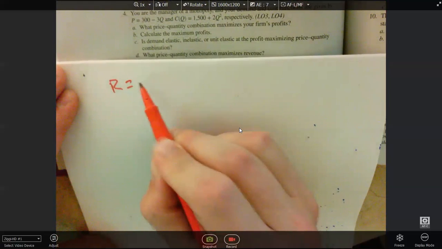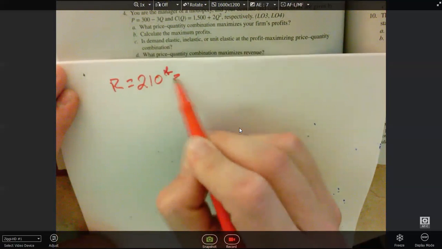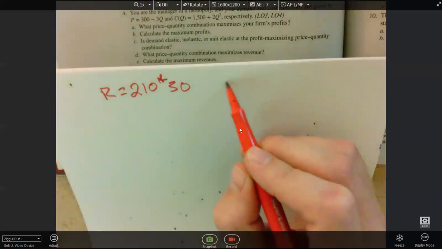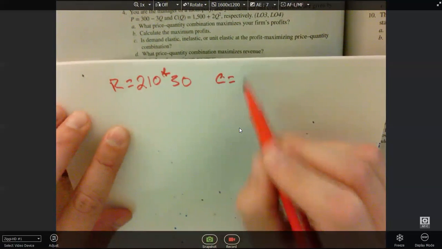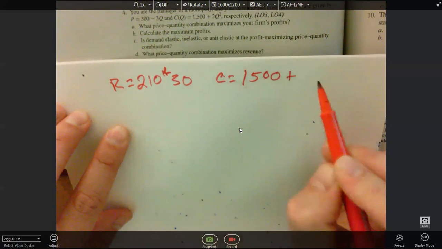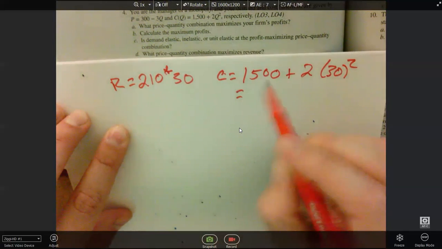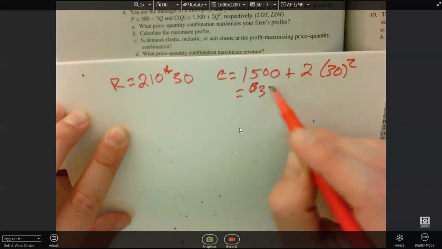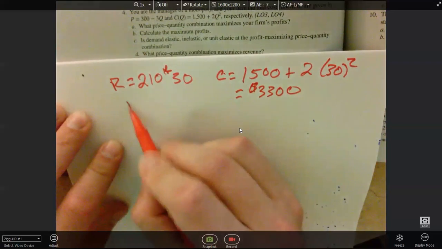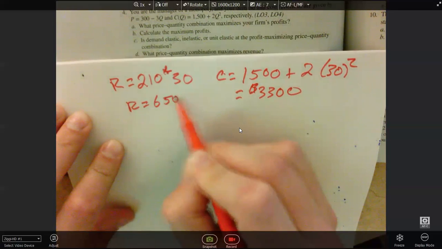We're just going to be plugging this in. Revenue is equal to 210 times 30, right? Price times quantity. Cost is equal to 1,500 plus 2 times 30 squared. So this is going to be 3,300. This is going to be 6,500.